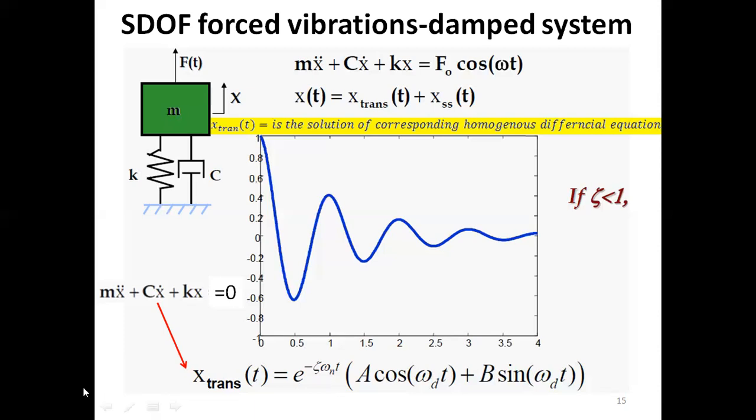If we plot this equation, the plot would be like this. We would have a vibration, but the amplitude of vibration would decrease with the passage of time, depending upon the damping in the system. After some time, there would be no vibration. The vibration would decay out.